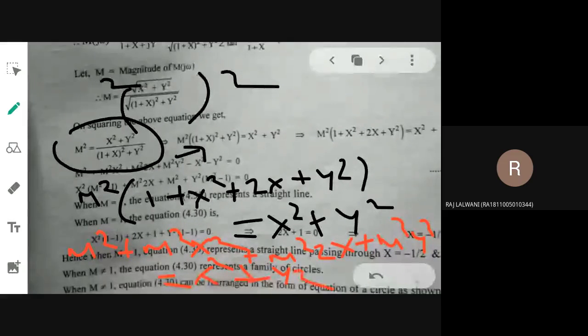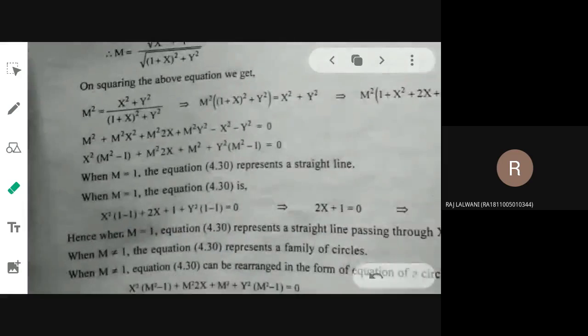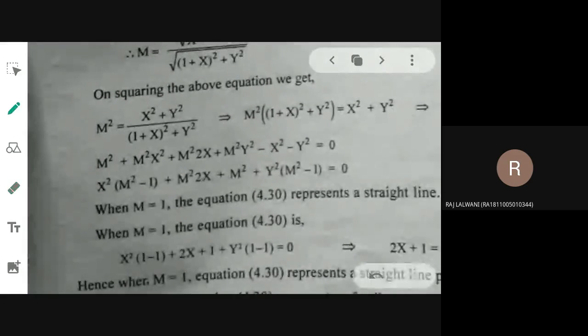Bring all the terms to one single side and equate it to 0. This will be the equation that you will be getting. After cross multiplication and expanding, I have brought all the terms to one single side and I am equating that to 0. So what happens in the next step?